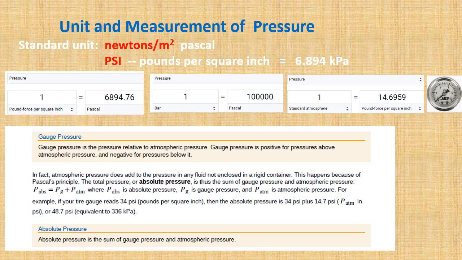So 1 Pascal is a small pressure. Normally we don't use Pascal as the unit, but nevertheless it's the standard unit, 1 Newton per square meter. More often we use PSI, pounds per square inch.